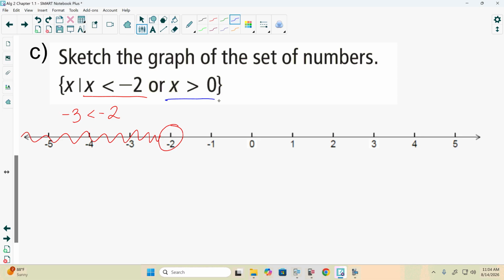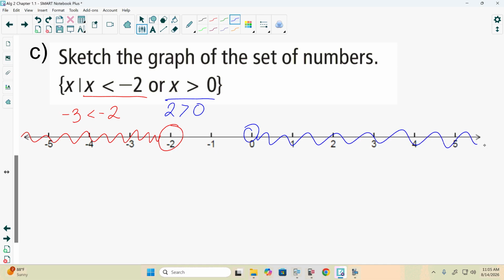X is greater than 0. So we do know we have a point at 0. Is it open or closed? Open. Are we shading to the right or to the left? So 2, just to the right of it, is 2 greater than 0? Shade to the right.